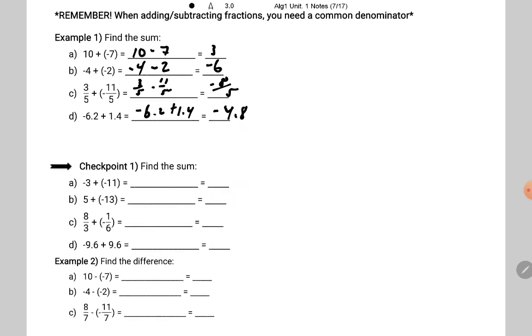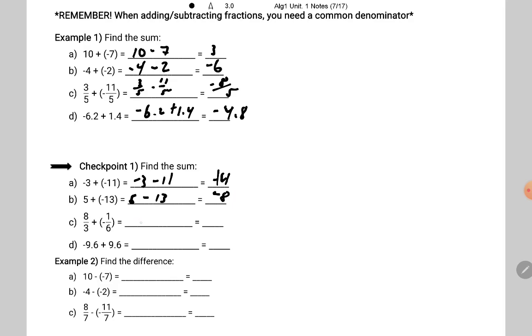More problems. Negative 3 minus negative 11 is the same thing as negative 3 plus 11. This is the same thing as 5 minus 13, negative 8.